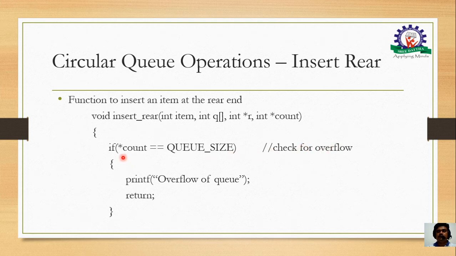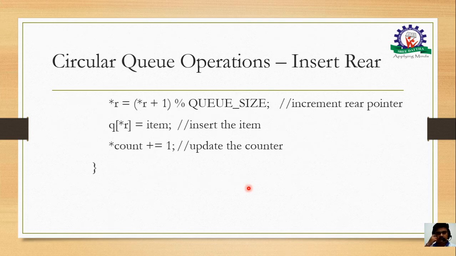How do I check it? If I observe that count is equal to the queue size, then it means there is no empty space available to insert more items within the queue, so I will display overflow of the queue. Suppose this condition fails, then I will go for pre-incrementation of the r, using the second way of representation using the modulus operation.